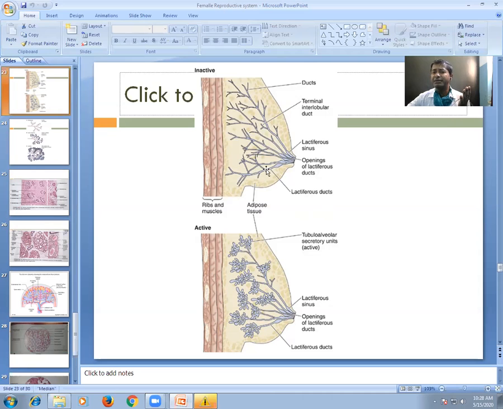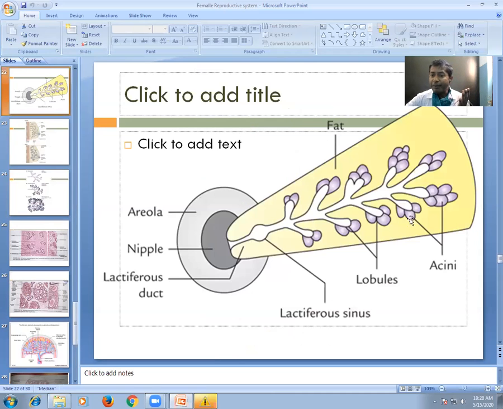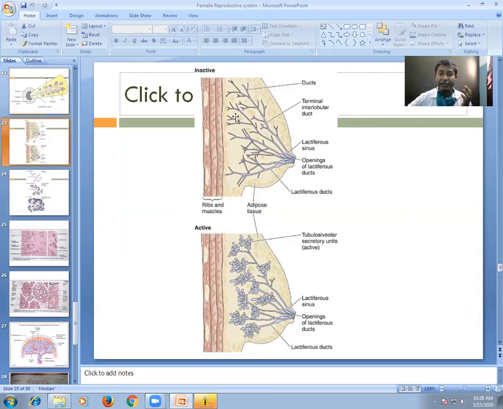Only the duct system is located. Acini are not much in the inactive. Only the duct system is well developed. Whereas active में क्या रहता है? Tubulo alveolar secretory part रहता है, that is known as the acini.